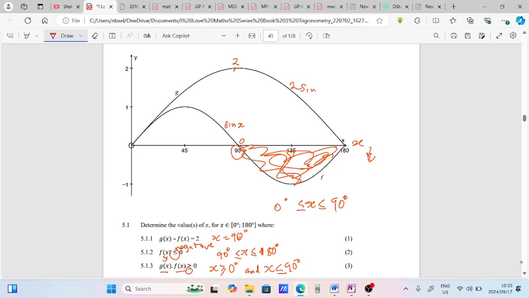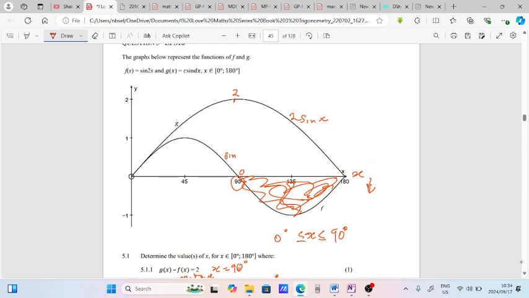Sine what? 2x. You change it to 2 sine x again.